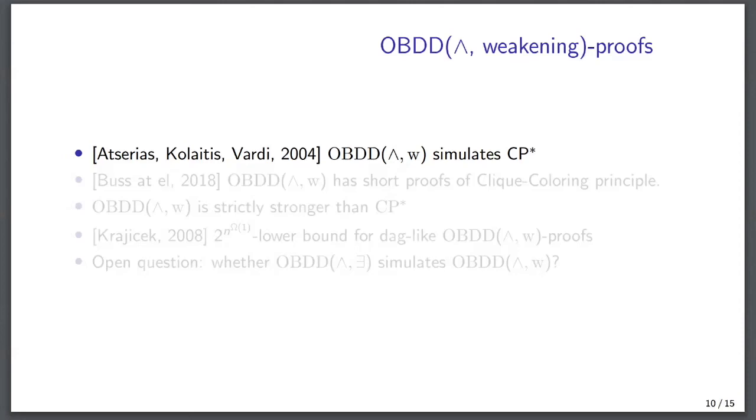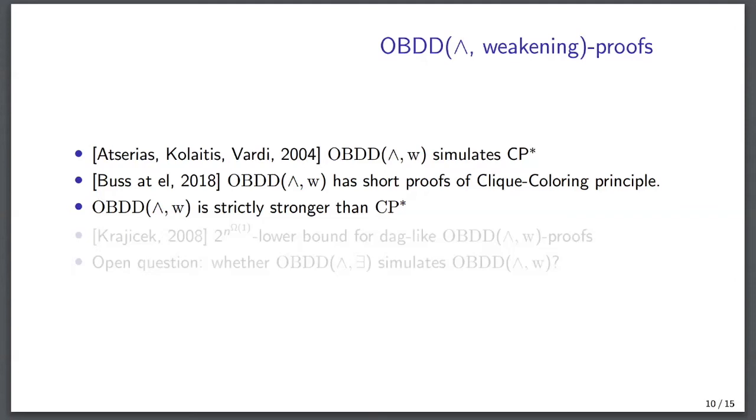The reason for this is rather trivial, because we can represent any linear inequality by small OBDDs, and all rules are sound. That's why they may be simulated by the conjunction and weakening rule. We just make a conjunction of two inequalities, and by weakening we derive the result of the rule.